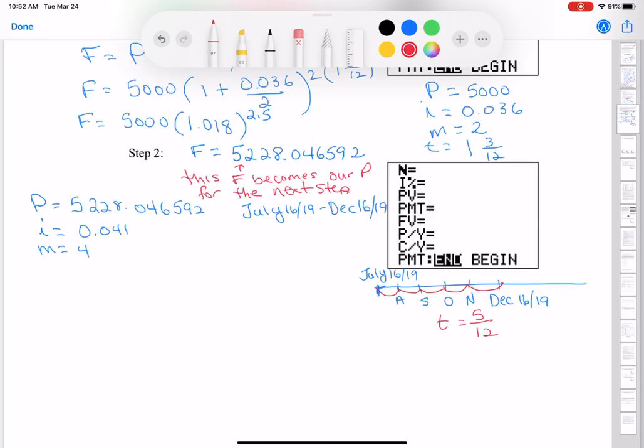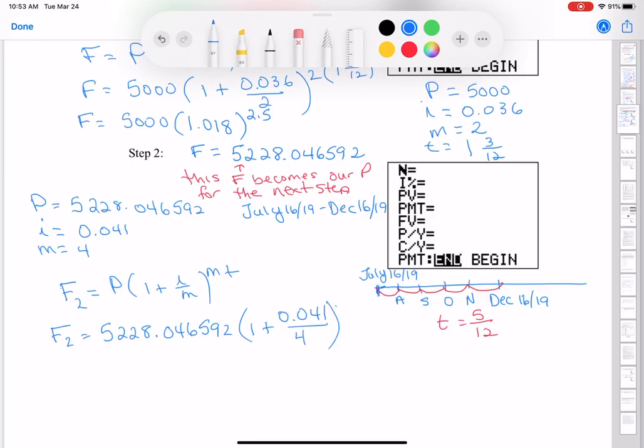All right, so now we have everything that we need to solve for future value 2, or our second step calculation. It's equal to P(1 plus i over m) to the mt, or 5,228.046592 times (1 plus our interest rate of 0.041 over 4) to the 4 times 5/12.